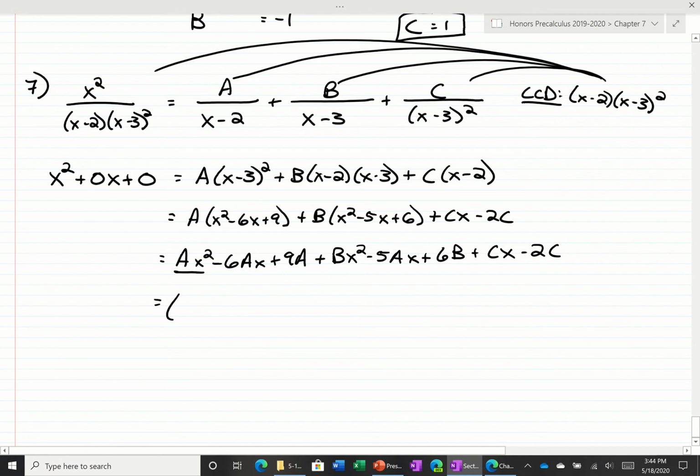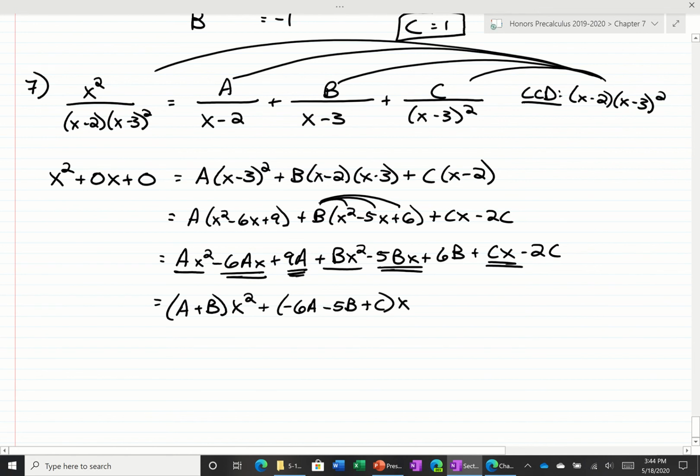Group our x squared terms together. Group our x terms together. Let me see, I think I might have made a mistake over here. It's minus 5Bx. And then we have the C. And then we have our constant terms.